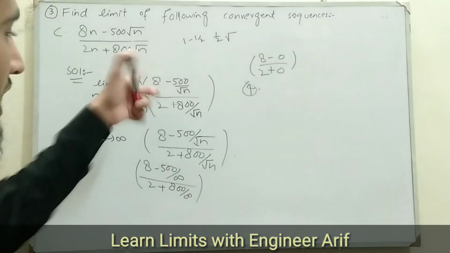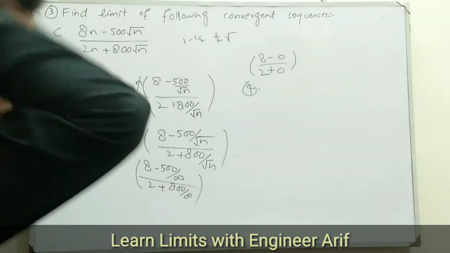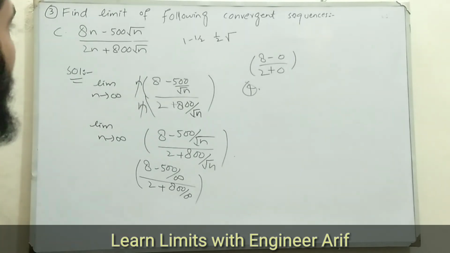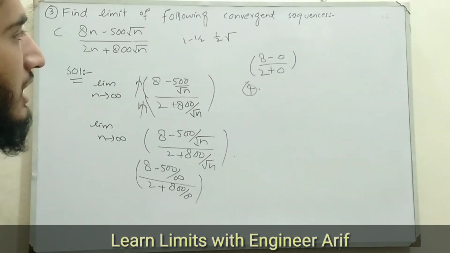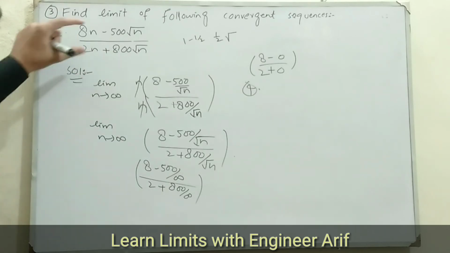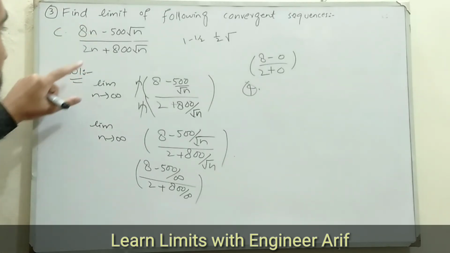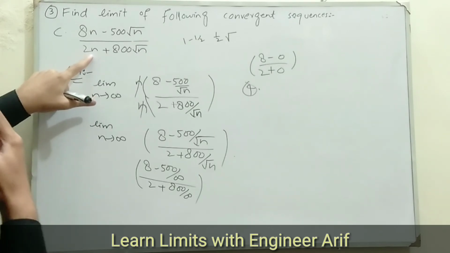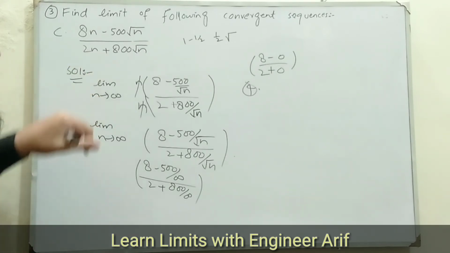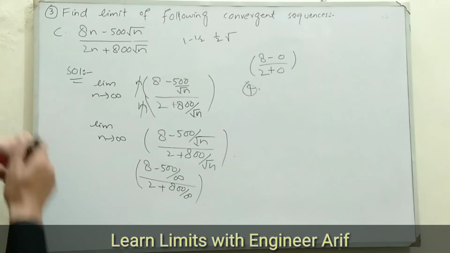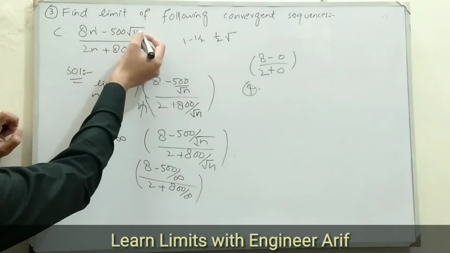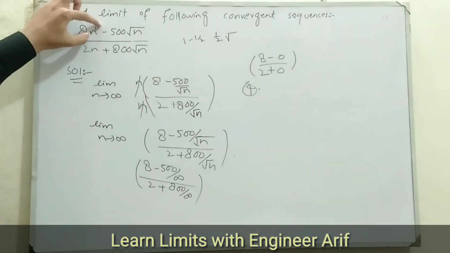How can we solve this type of question through the trick? We can solve this type of question through a very simple trick. In the numerator and denominator, first we look at what the highest degree of the variable is. Here the highest degree of the variable n is 1 and here the degree is 1 over 2. So the highest degree is 1, not 1 over 2.